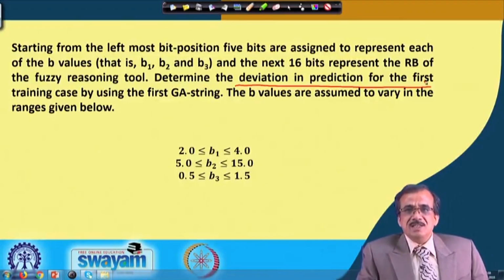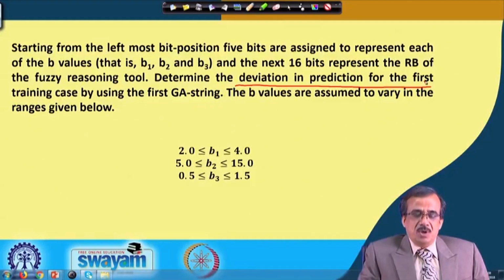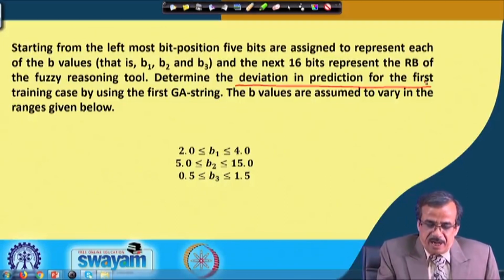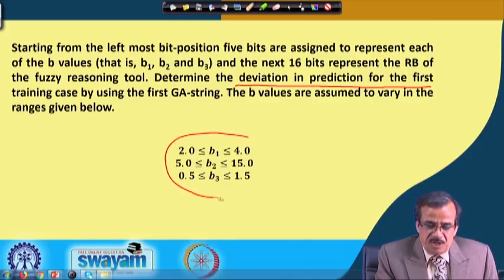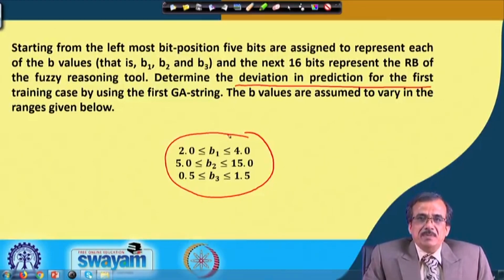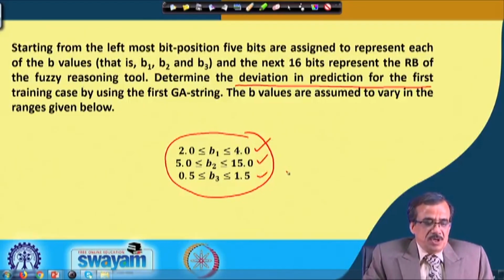That means, once it is trained, we are going to pass a set of inputs as the test scenario and try to find out what the output should be and how much the deviation is. And during the optimization, these are the ranges for B1, B2 and B3. These are all real variables and we will have to define the range for B1, B2 and B3.